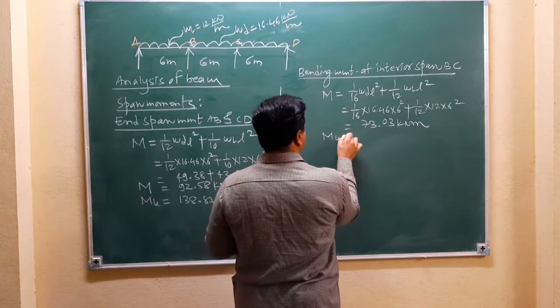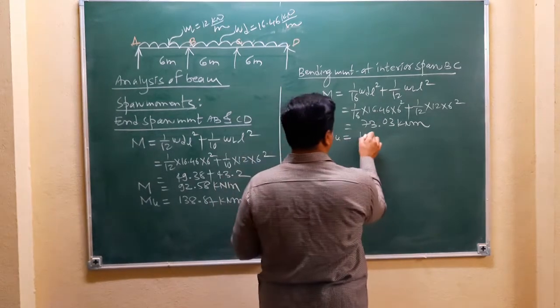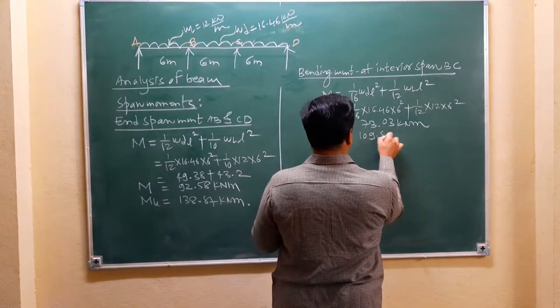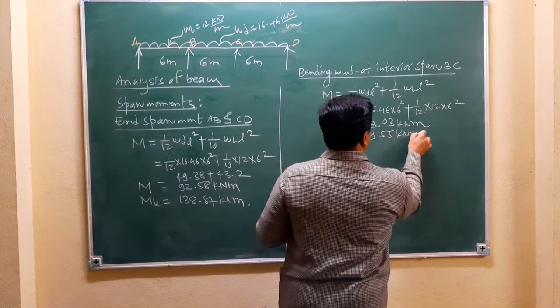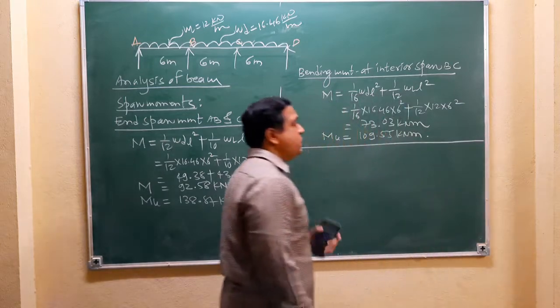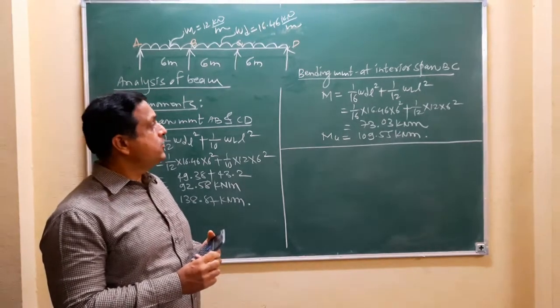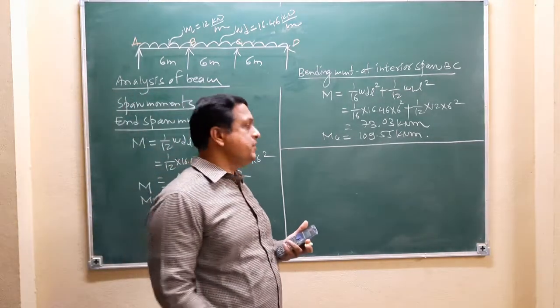If you want to convert this value into the ultimate condition, you multiply by 1.5, it is 109.55 kilonewton meter. So this is the span moment at the interior location, that is interior span BC.